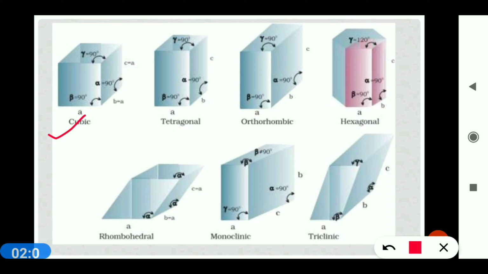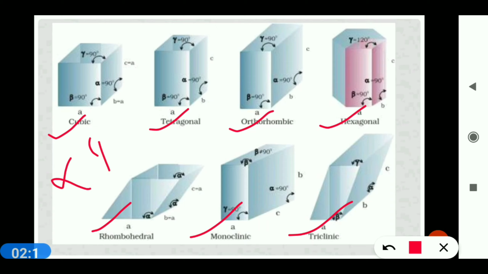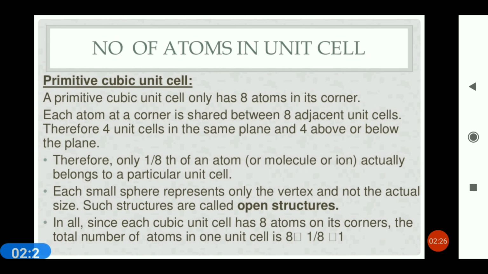Mostly we are going to discuss only this. Tetragonal, orthorhombic, hexagonal, rhombohedral, monoclinic and triclinic. And their distinguishing features are on the basis of their angles alpha, beta and gamma, as well as their sides A, B and C. Now, number of atoms in the unit cell.